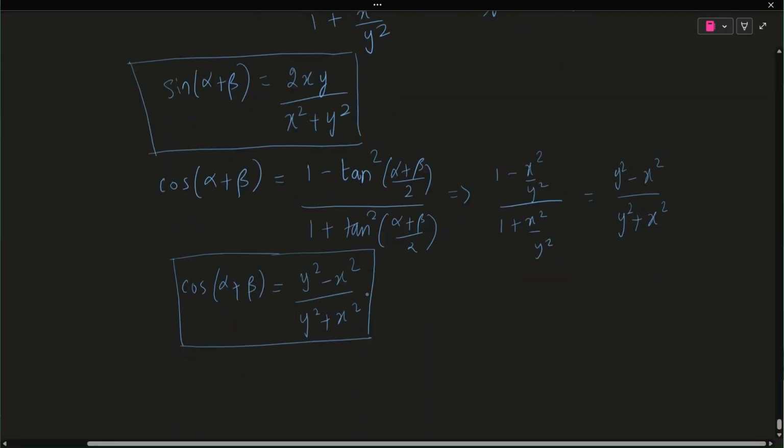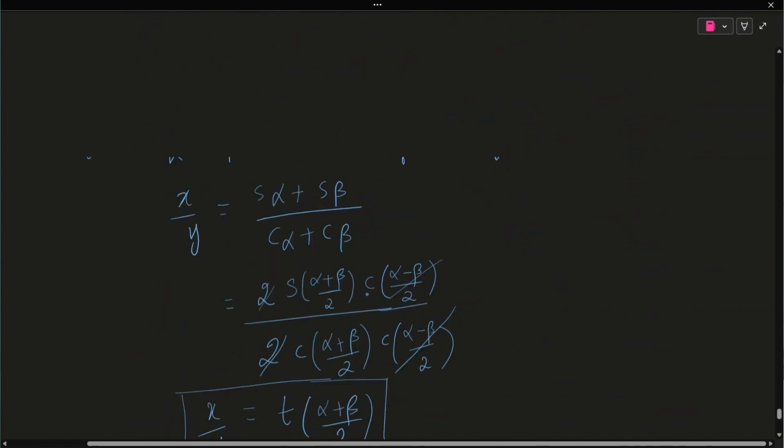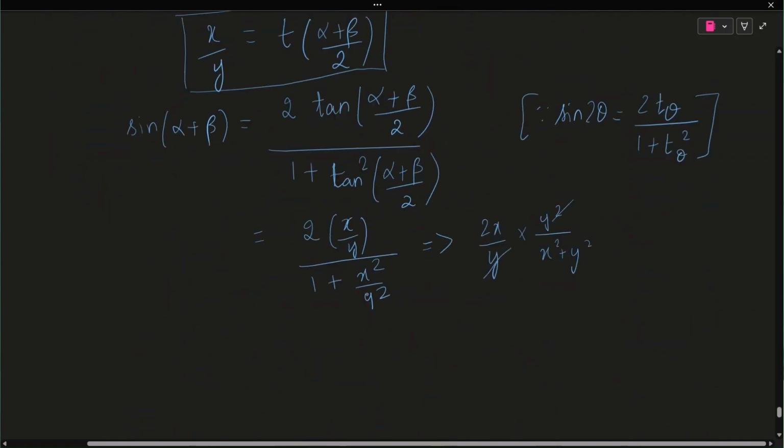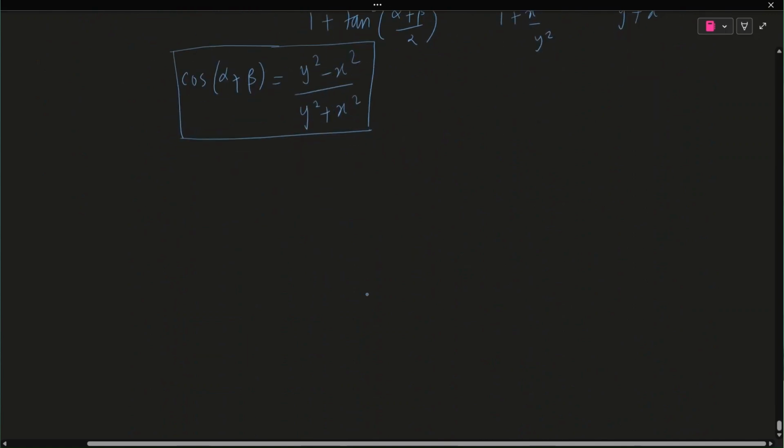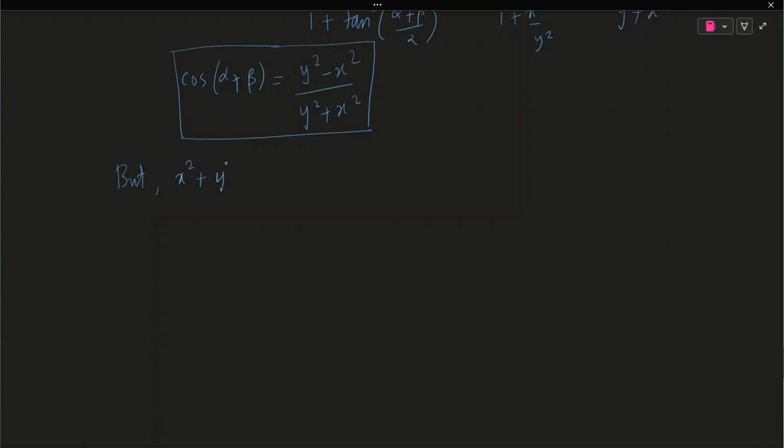Okay. So sine and cos I got, and they want tan alpha plus tan beta. It's not directly that. But x square plus y square is sine alpha plus sine beta the whole square plus cos alpha plus cos beta the whole square.